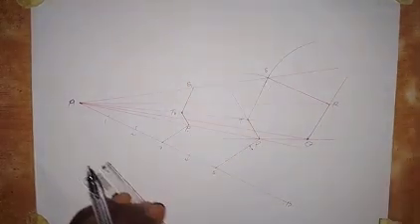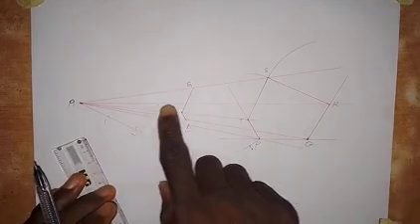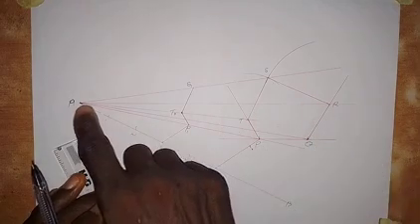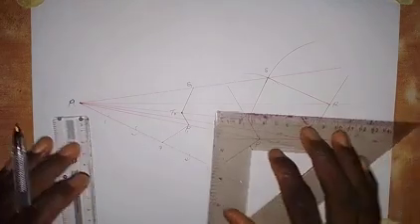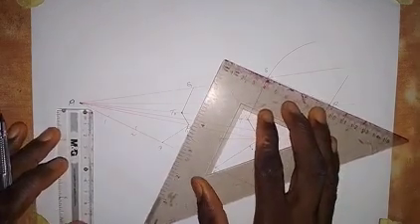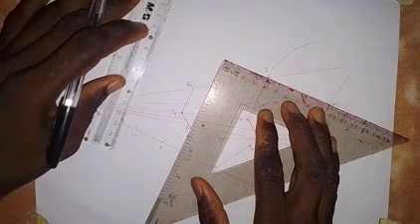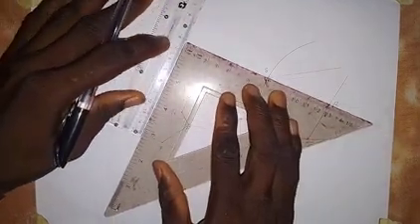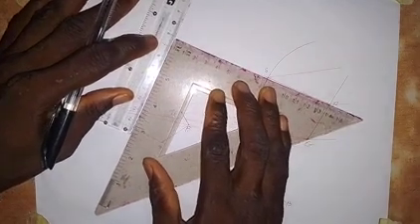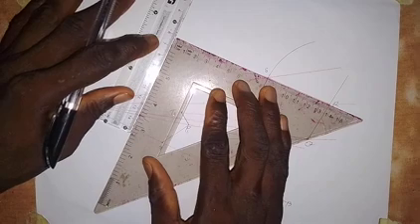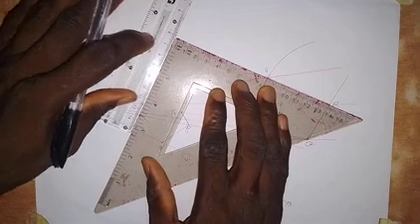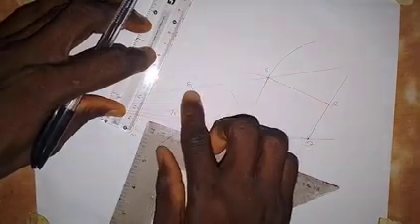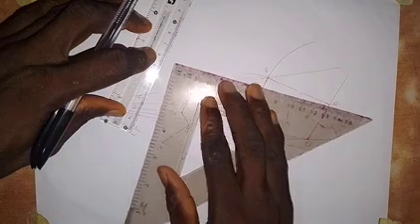Now we want to get R1. This is the line that goes through R from the pole A. So set the set square along this line RS like this. Just look at the way I'm setting it. Then slide it down to point S1.